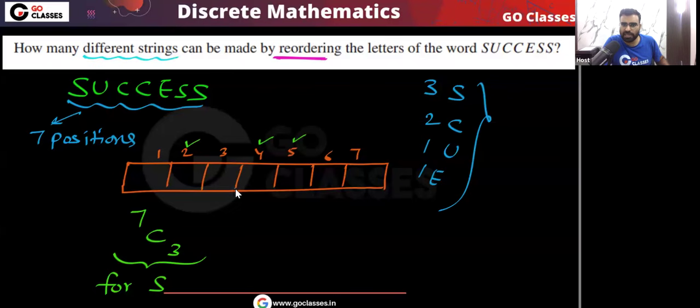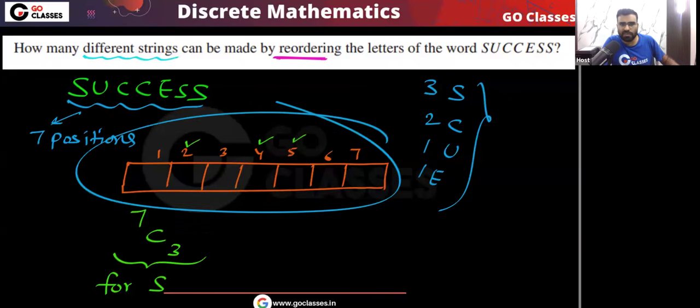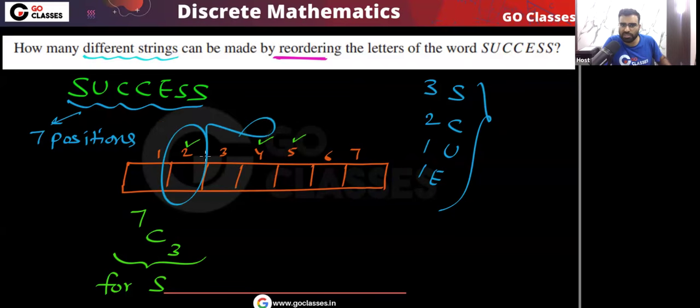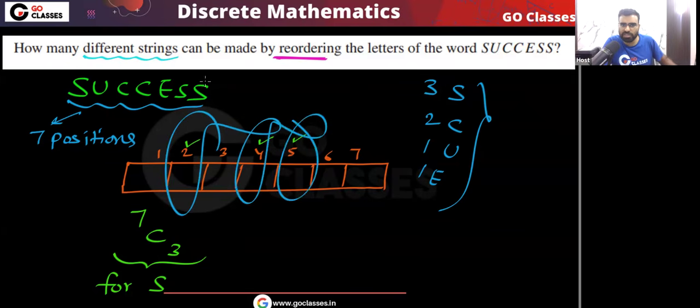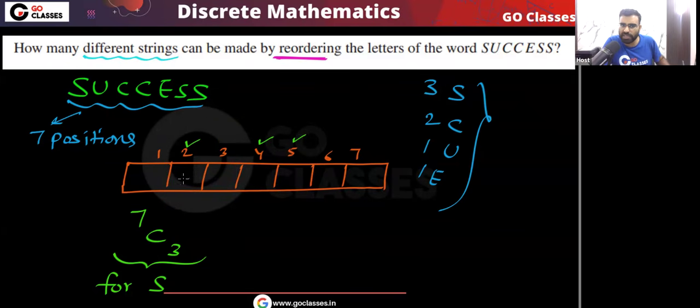You can see 7C3. These many ways I can choose 3 positions from 7 positions for the 3 copies of S. Now, after I choose these 3 positions, how many ways are there to put S? Because all the S's are the same, there is only one way. Do you agree with me? So multiplied by 1.